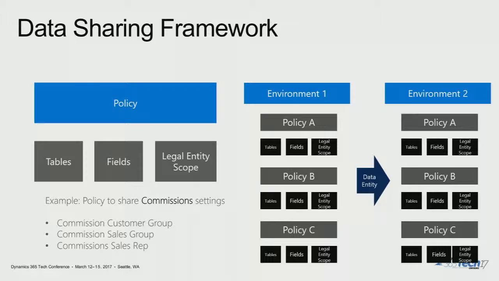A typical example would be commission. So commission is a policy, and there are 3 tables beneath it: the commission group, sales group, and sales rep. These are the 3 tables you would add under this policy and select all the fields, then decide which legal entities you need to share this with, and then enable the policy. Once you enable this policy, the data is replicated in all the companies.